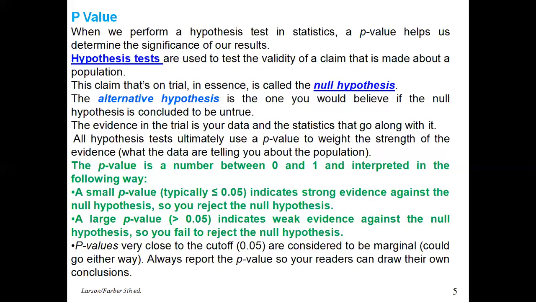If the value of p is greater than alpha, then we accept the null hypothesis. And if the value of p is approximately equal to alpha, then we can take any decision. Either we can accept the null hypothesis or reject it. It depends on us.